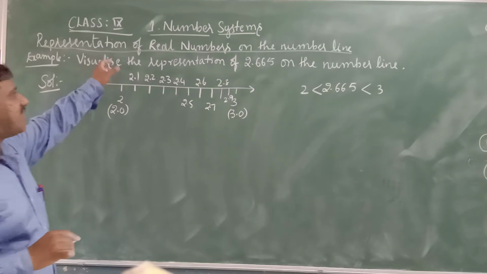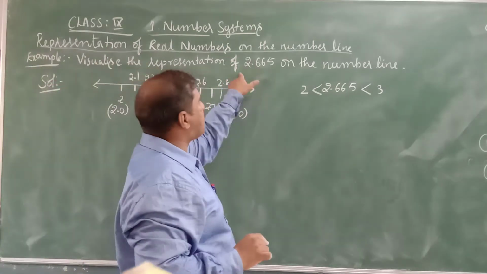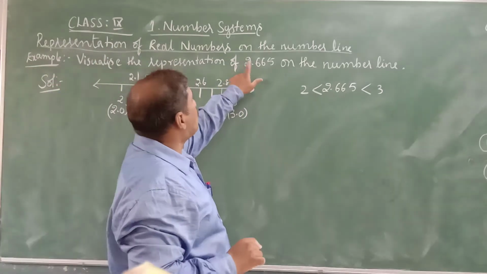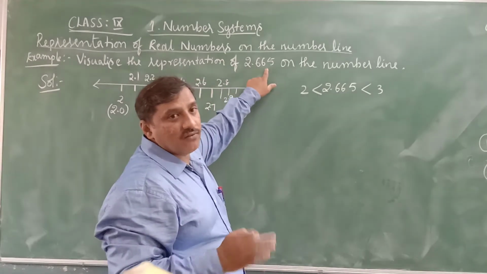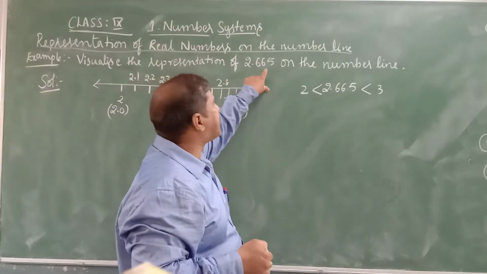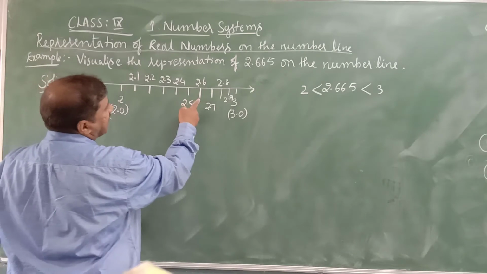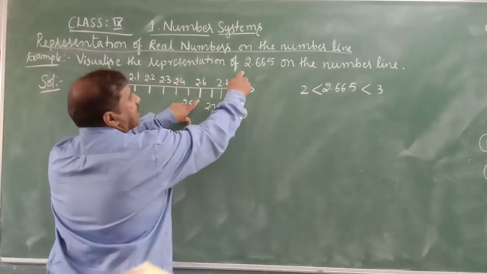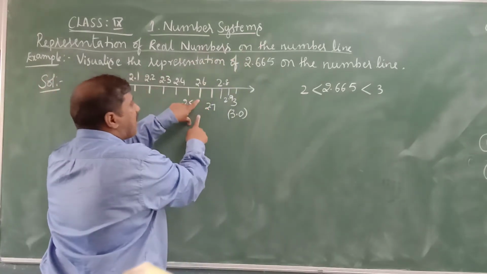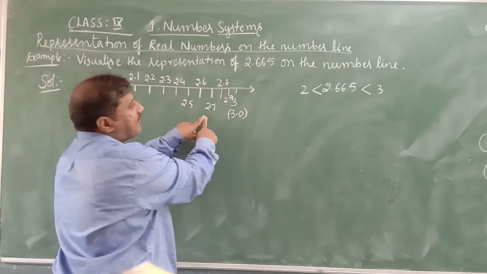Now take the first digit after the decimal point. What we have is 6, so 2.6. The number 2.665 is more than 2.6 and less than 2.7.